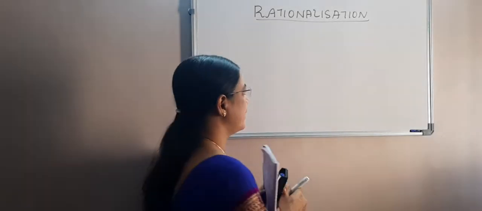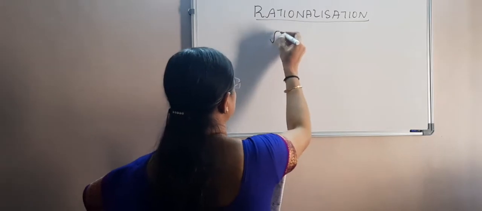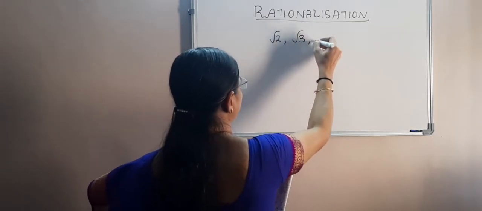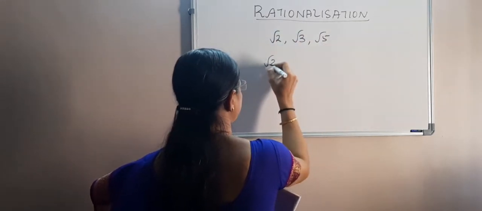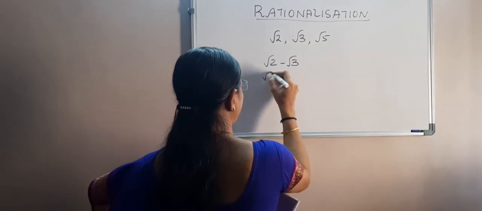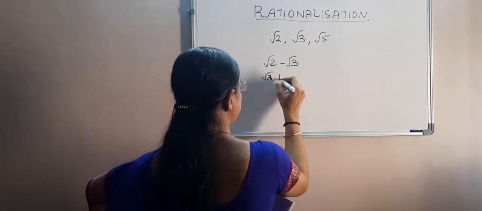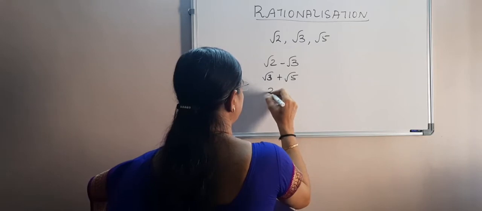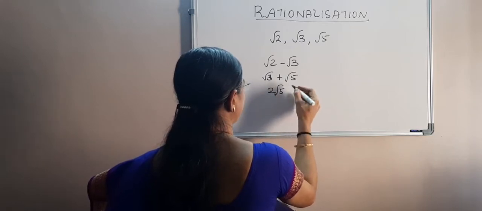We have completed some problems in rational exponents last class, and this class we will be seeing about rationalization. So what do you mean by rationalization? As I said, we have irrational numbers like root 2, root 3 and root 5, and expressions also involving irrational numbers.